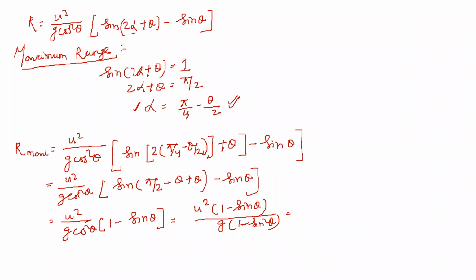So I can write u square by g into 1 minus sine theta cancels, 1 plus sine theta only. This expression also gives the maximum range.